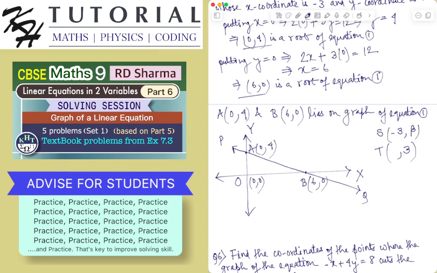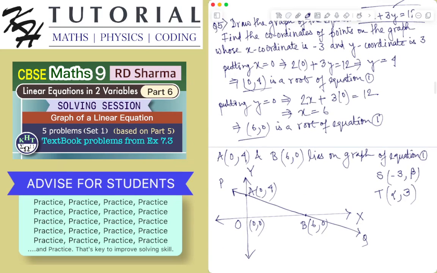Beta is normally used as a variable for the ordinate or y coordinate, and alpha is normally used for representing the abscissa or x coordinate. So let's say the abscissa of the point T be alpha.